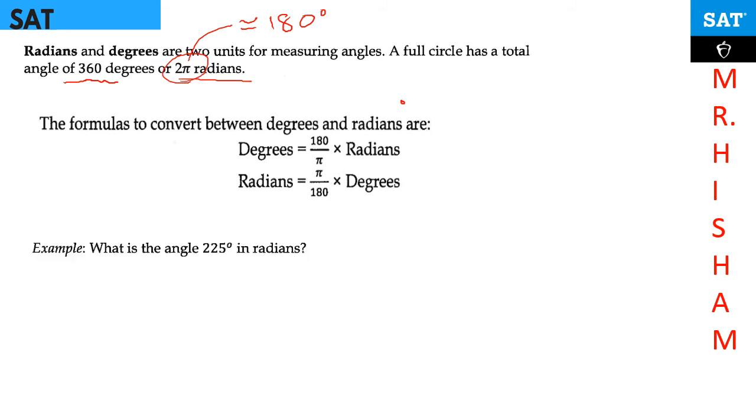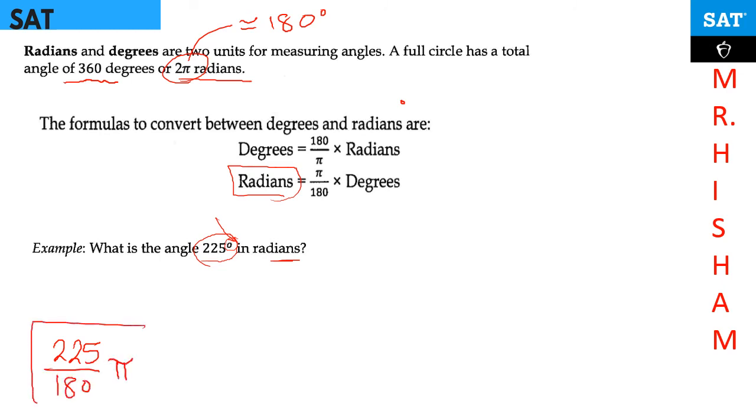For example, what is the angle 225 degrees in radian? You wanted to find the value in radian, so you are going to multiply pi over 180 by the angle. There is another method: dividing 225 by 180 and you just add pi.